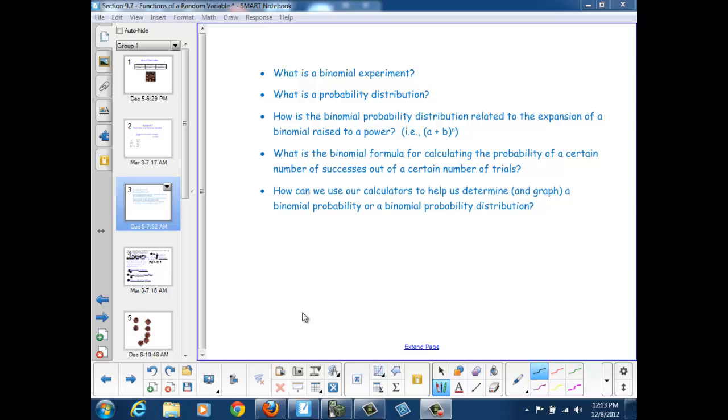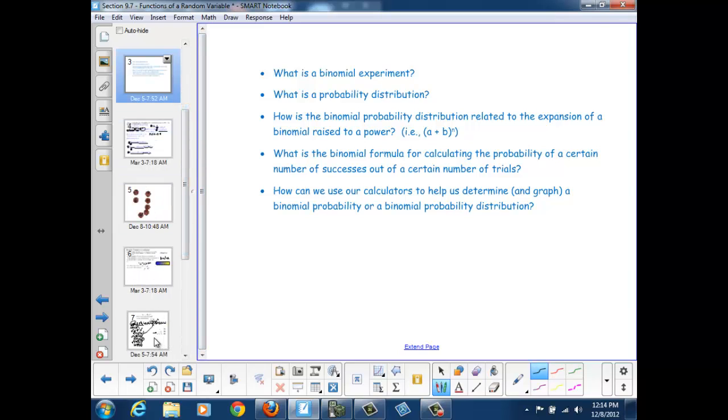How is the binomial probability distribution related to the expansion of a binomial raised to a power? Well, what we saw there was that each term in a binomial expansion describes a possible outcome for a binomial experiment.